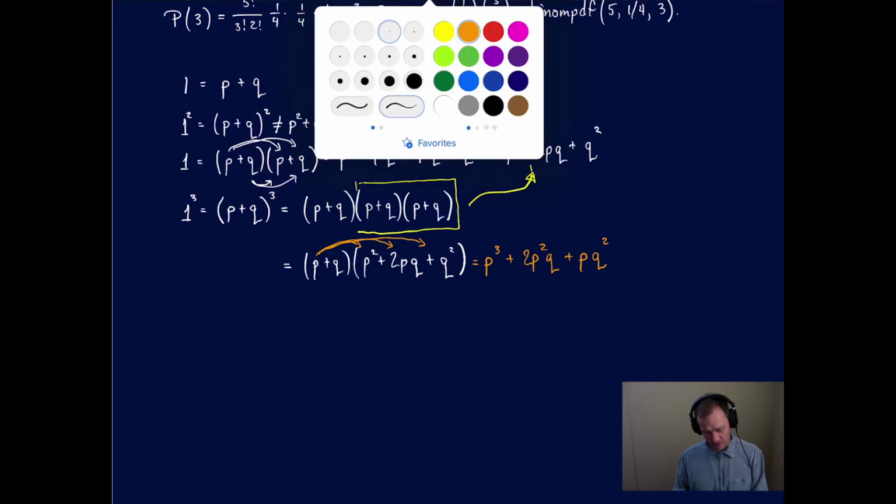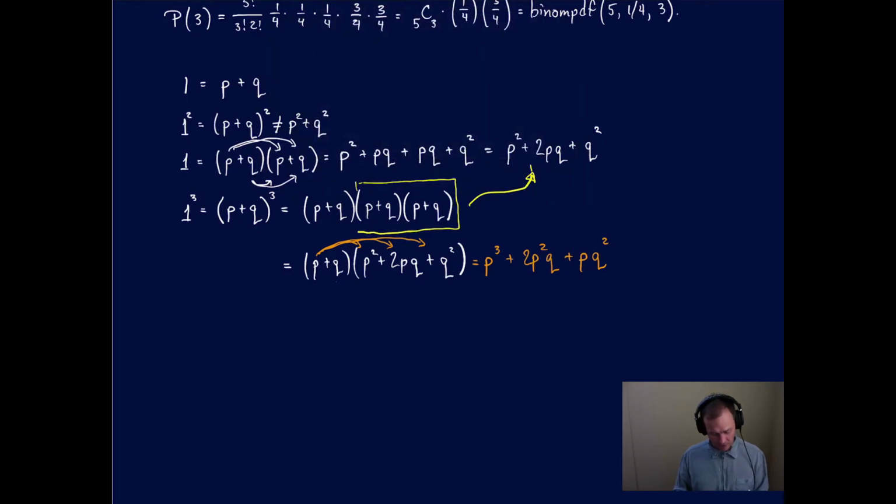And then how about this red? Let's do a red distribution with q. So q times p squared is going to be a p squared q. And then q times 2pq is going to be plus 2pq squared. And then our last one is plus q cubed.